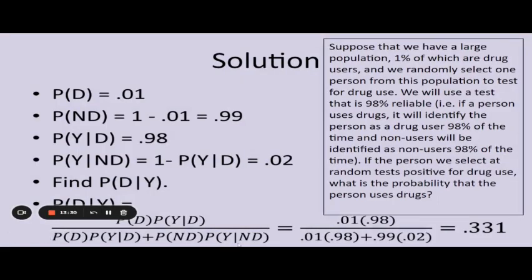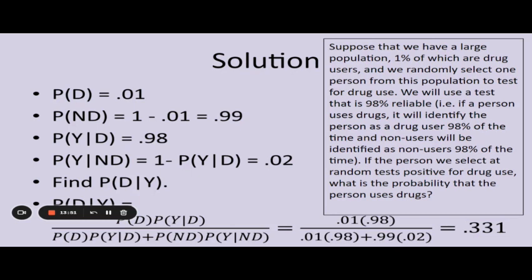Okay. So the way I used to explain it is we're looking for the probability of D given Y. So the top of the fraction there, you take the probability of the first one, so probability D, and then you multiply it by reversing Y given D instead of D given Y. That's the top.